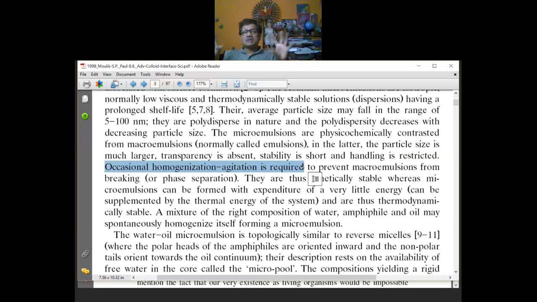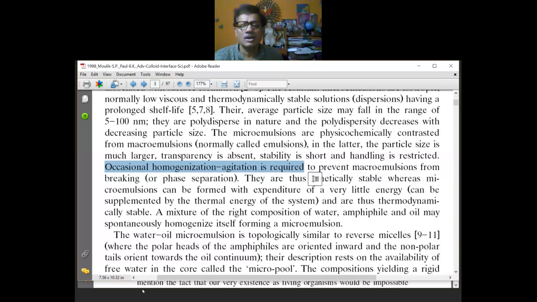On the other hand, if I have a reverse micelle, then I can disperse water in oil, into the core of the reverse micelle, and there I get a water-in-oil dispersion or water-in-oil microemulsion.